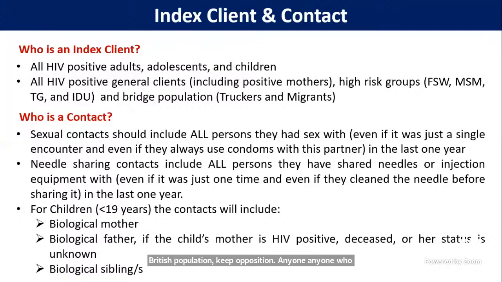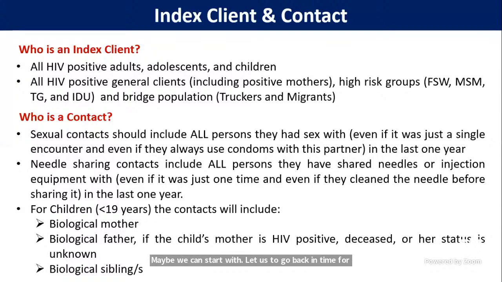When we say contacts, for sexual contacts it can be anyone with whom the index case had sex, even if it was a single encounter, and whether or not a condom was used. We should inquire about everyone. Maybe we can start with the latest and go back in time for at least 1 year.